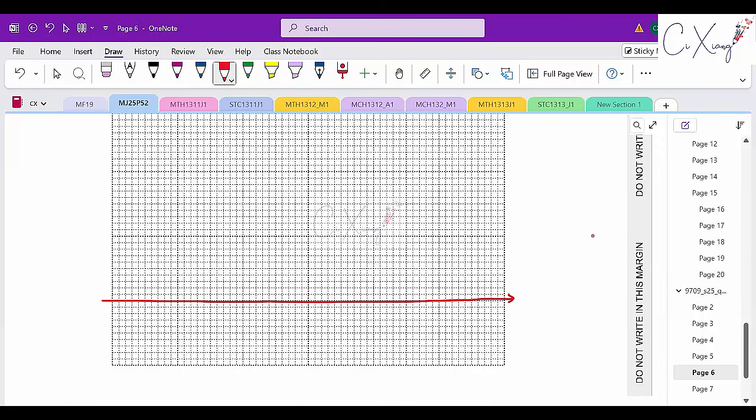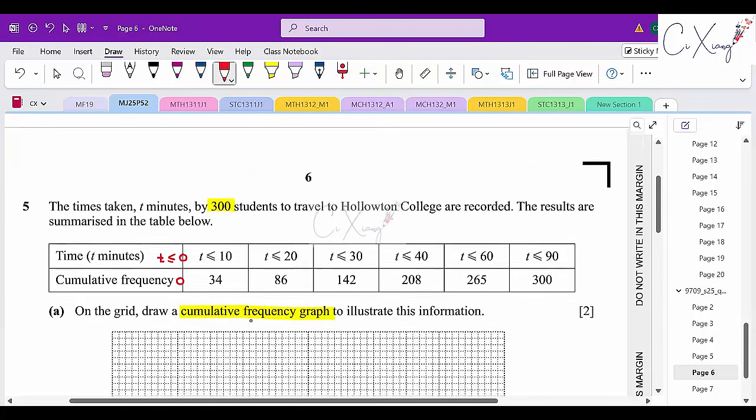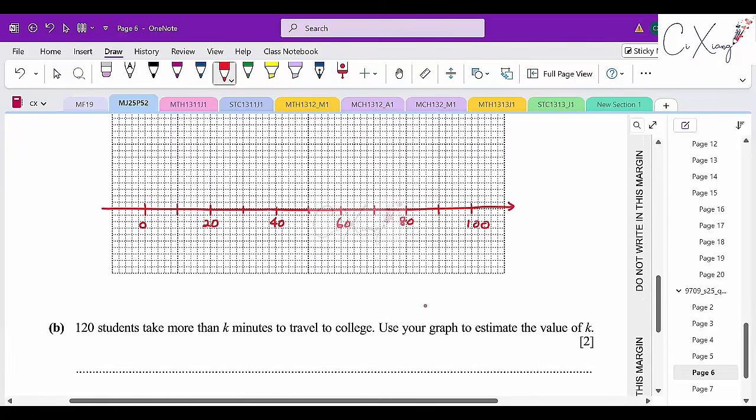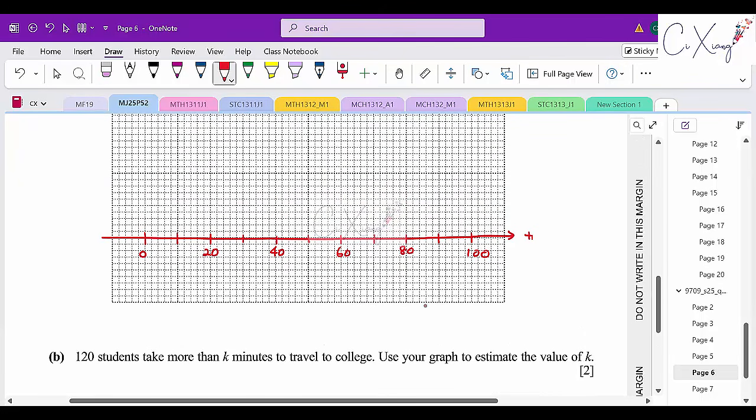Maybe this is my 0, then 10, 20, 30, then 40, 50, 60, 70, 80, then 90. My x-axis is the time in t minutes, so I try to label it first.